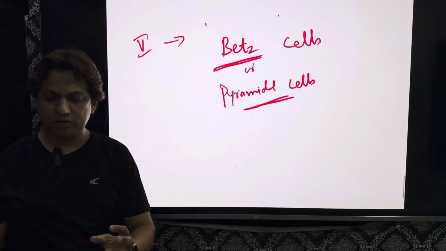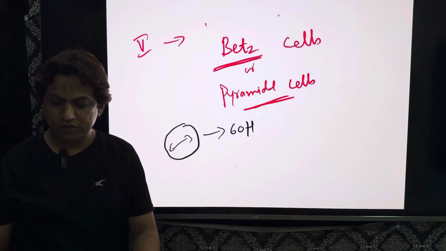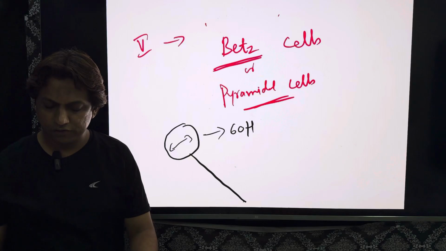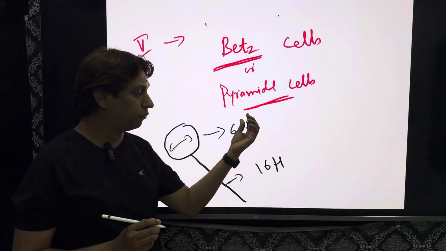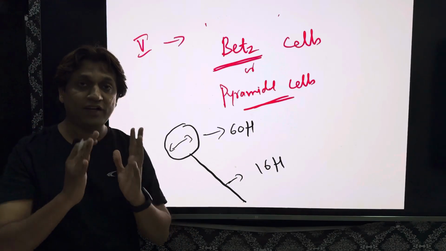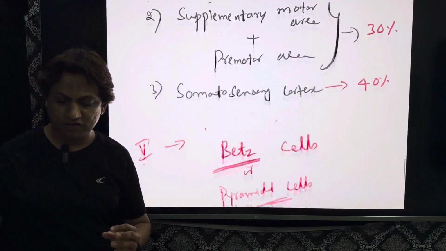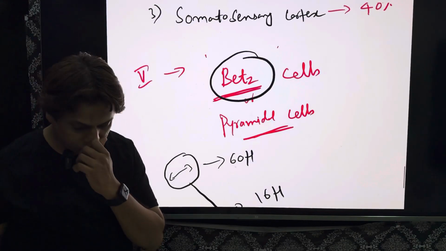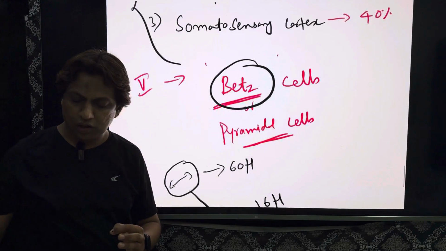These are very big neurons. The diameter of these neurons is around 60 microns, and the diameter of their axons is around 16 microns. Some neurons are very big, up to 100 microns also. This is one of the largest neurons present in our central nervous system, present in the fifth layer, known as Betz cells.